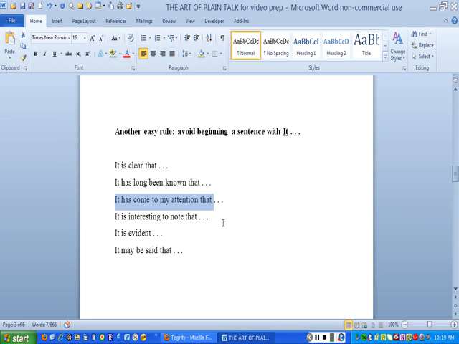Most of the time I think these expressions come at the beginning because we don't know how to begin. And just jumping right into the main idea for some reason feels abrupt or awkward. But believe me, for clarity of writing, for clear expression, we just want to jump right into that main idea.